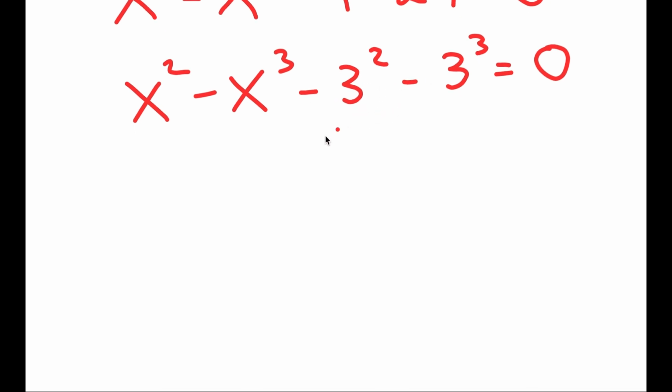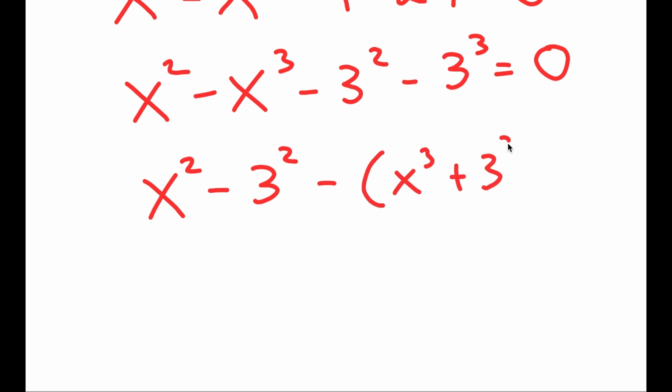Now I'm going to rearrange this a little bit. So I'm going to have x squared and negative 3 squared next to each other. So I have x squared minus 3 squared minus x to the power of 3 plus 3 to the power of 3. And the reason it's x to the power of 3 plus 3 to the power of 3 is because this negative sign distributes.